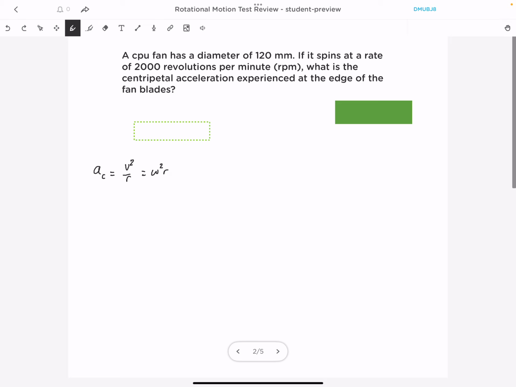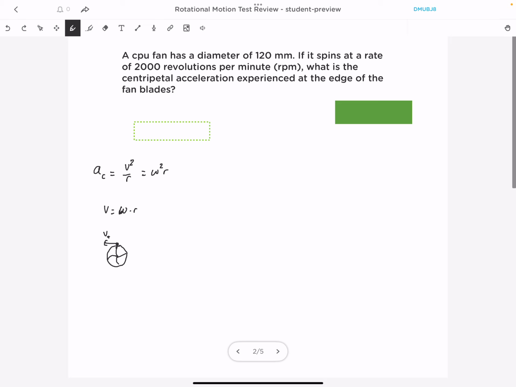Now, to understand why these two are the same, the relationship between the tangential velocity and the angular velocity is just a factor of r, so omega times r. If I have a fan, and these are the fan blades, at the very tip of the fan blade there's going to be a tangential velocity, and it's rotating at a certain rate.